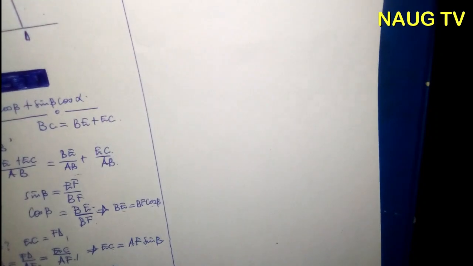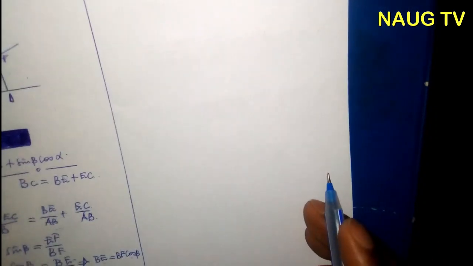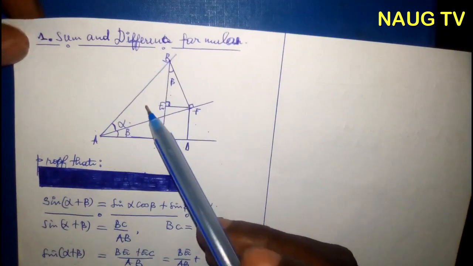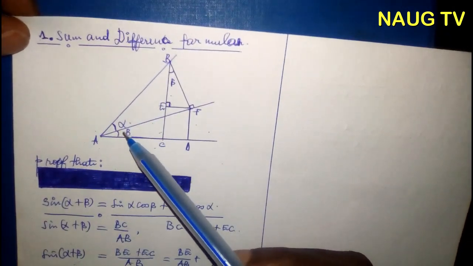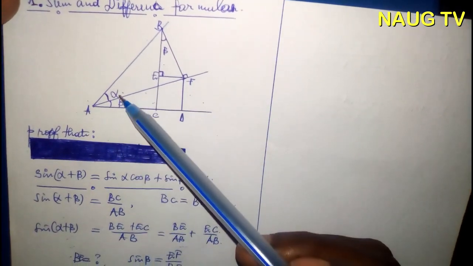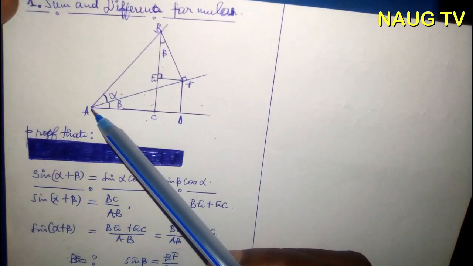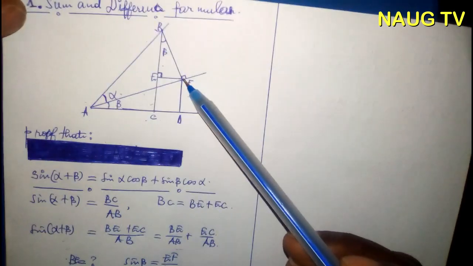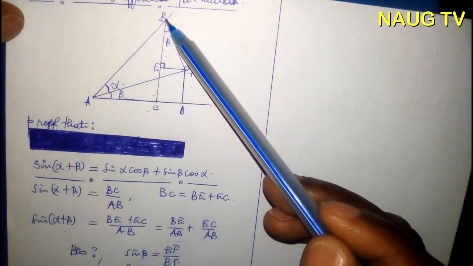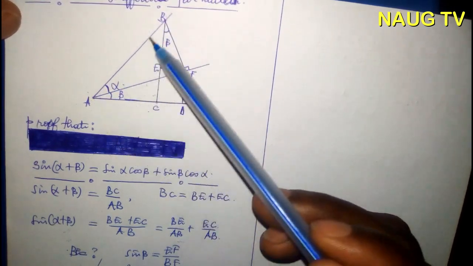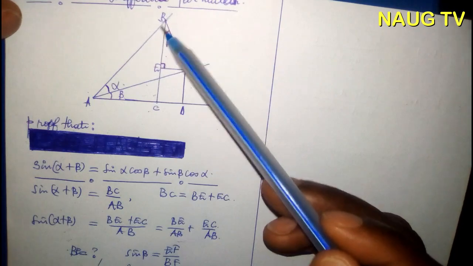And also cosine alpha would be given by the adjacent side of angle alpha, which is equal to distance AF, this one, over the hypotenuse AB, distance AB.